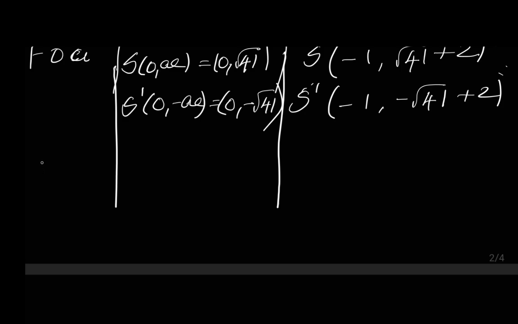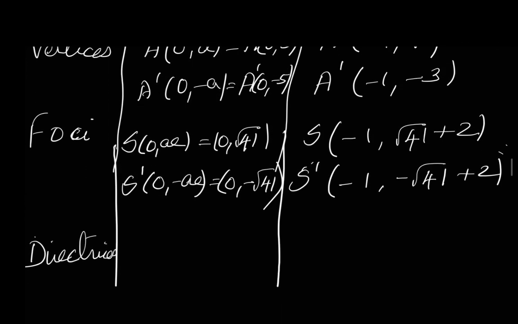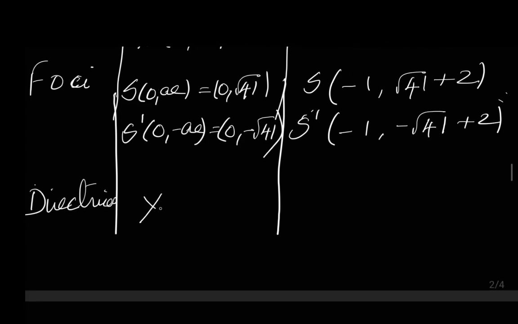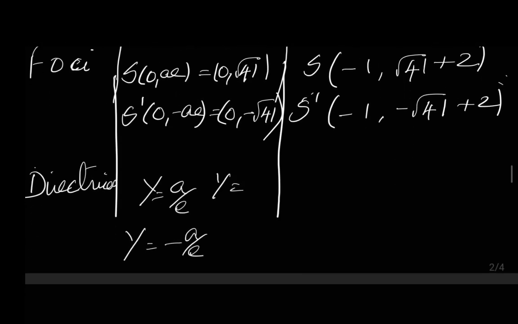Next is directrices. Directrices I have shown you. Y is A by E, and again here y is minus A by E. So that is y is equal to A by E value, 25 by root 41. Here minus 25 by root 41.